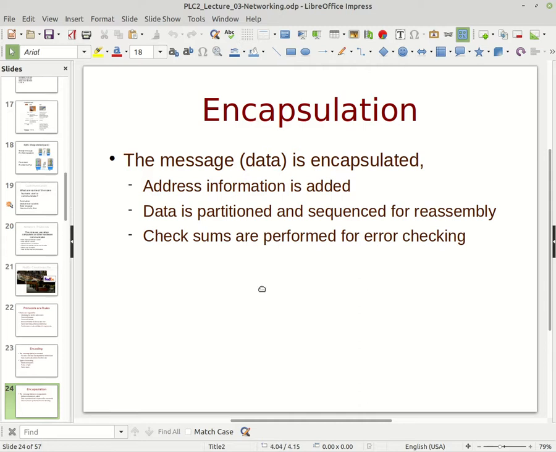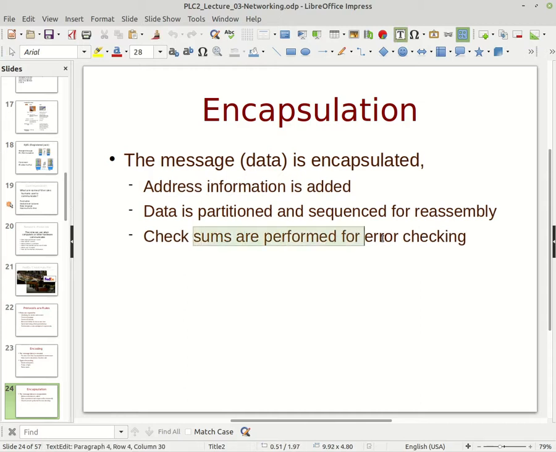So the data is inside there, and then we're going to put on top of that extra information such as the addresses, and we're also going to do something called checksums, because when we send the information, we want to make sure that the information was received properly on the other side.